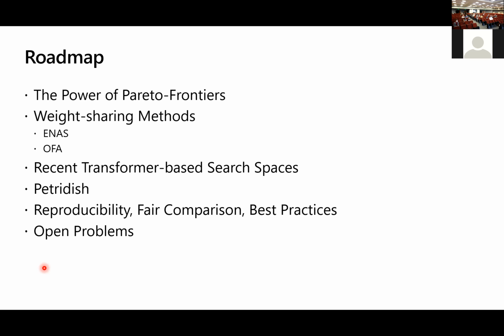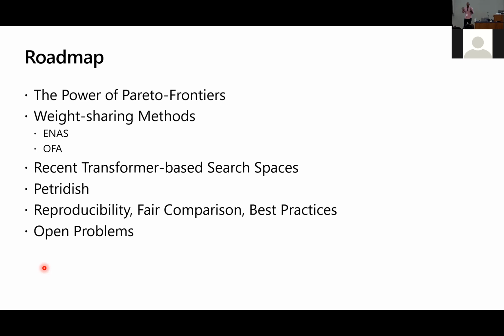I will touch very briefly upon weight sharing methods, but you will learn in great detail about weight sharing methods in part 2 with Martin and Tejas's tutorial right after lunch. So I would encourage you to go there. You will get the whole bucket of all the pros and cons of weight sharing, but I will just introduce it and touch upon it so that I can talk about the other stuff.